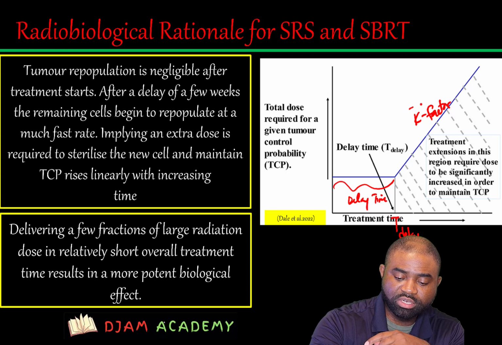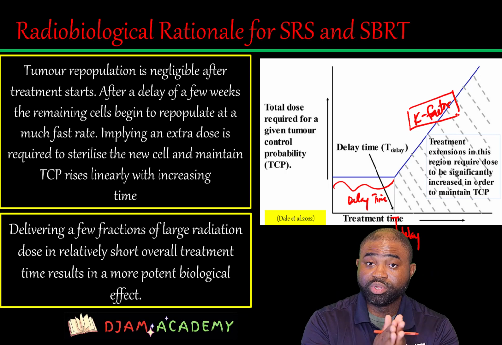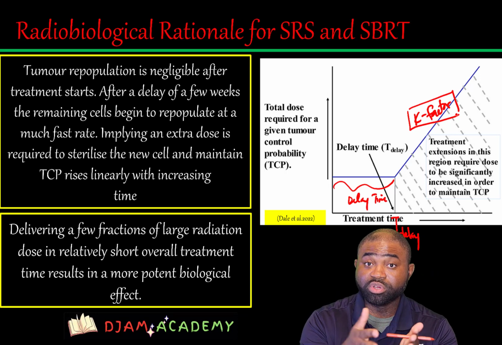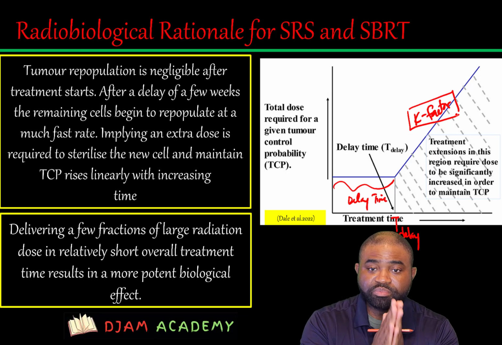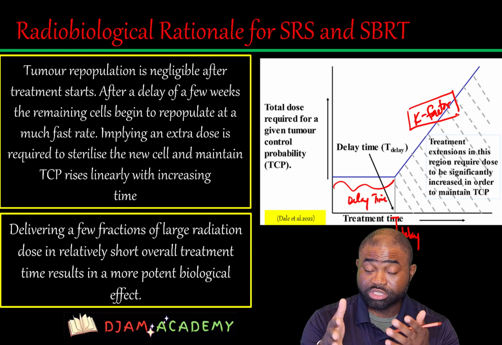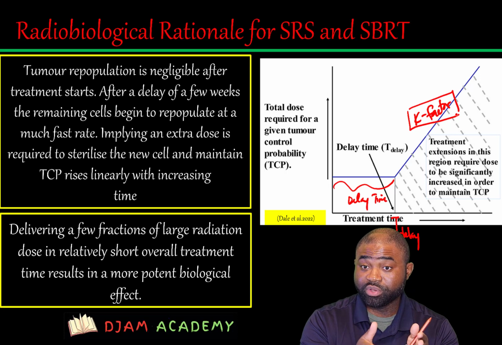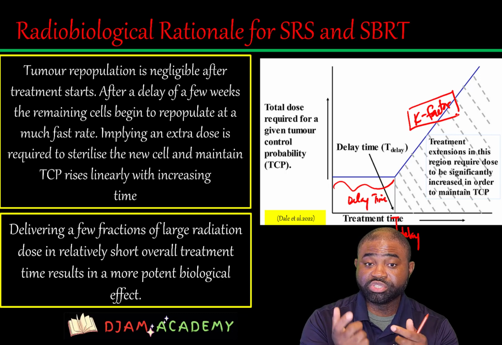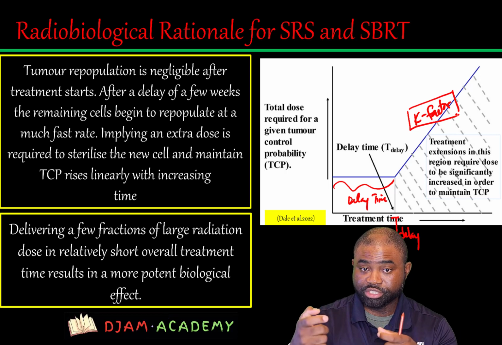We are going to talk about this in detail in my upcoming series on how to deal with unplanned interruptions during radiation therapy. What this means is that accelerated repopulation, which is apparent in some tumors, typically occurs around the third week or 28 days after treatment. And this alters the K factor, which is a factor used to determine the amount of radiation dose wasted because of tumor repopulation.